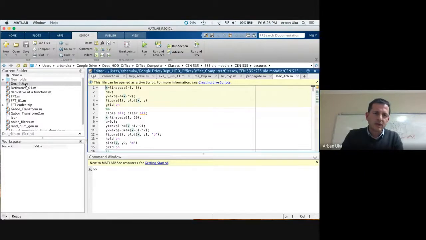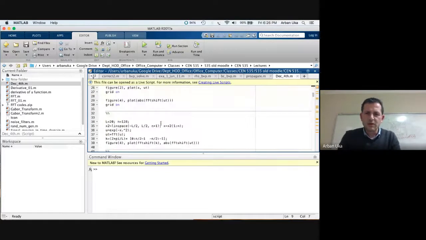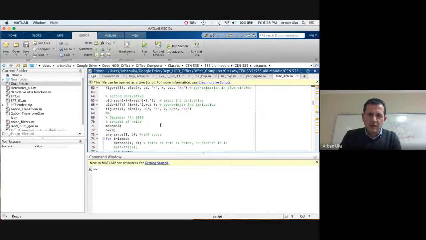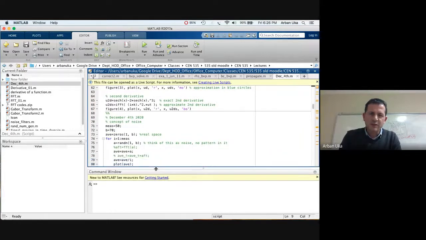Now, these codes I also shared with you in the Google Classroom. You can download and test with those. Last time, I think we implemented the part where we use the Fourier transform to obtain the derivative of a specific function.